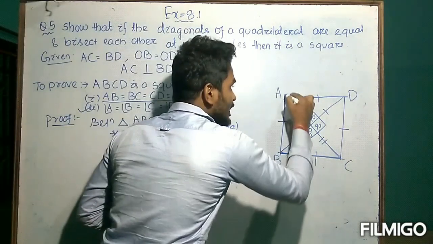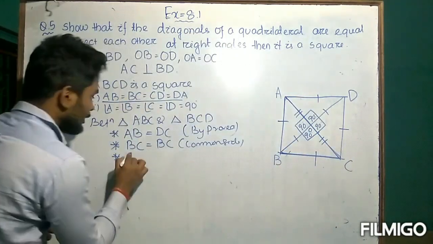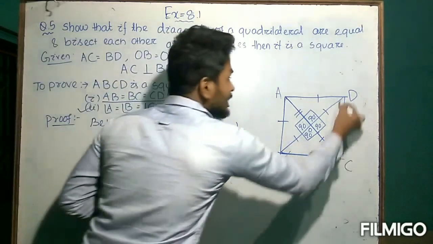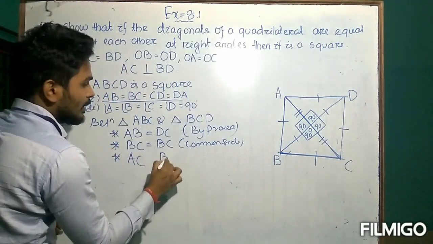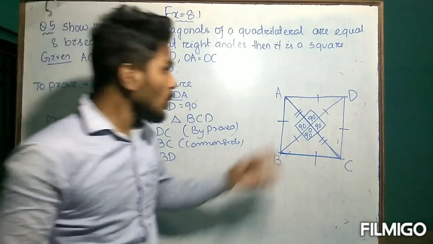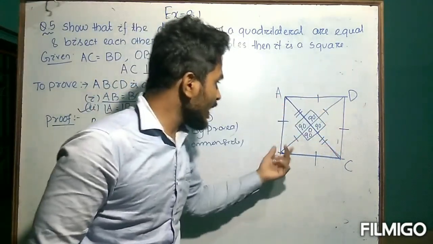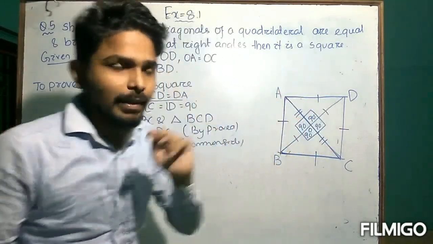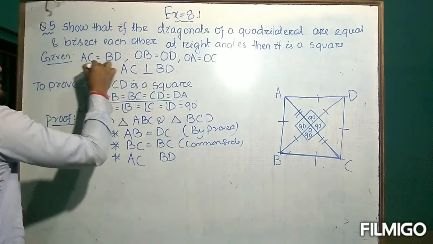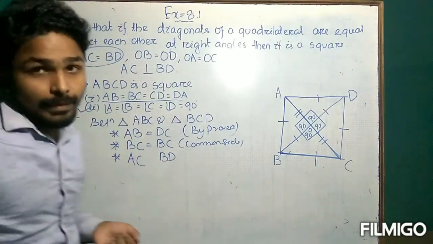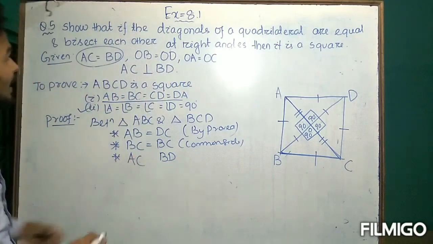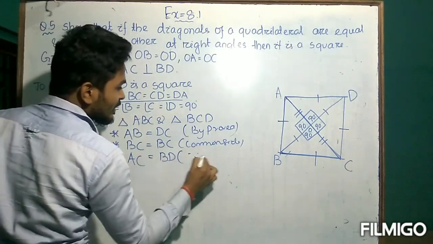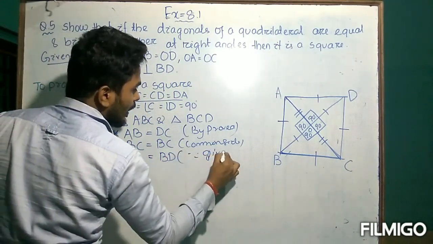Now the third possible condition. For the triangle ABC, AC is a side, and for the triangle BCD, BD is a side. And we know in this quadrilateral, AC and BD are two diagonals, and it is already given that the two diagonals are of equal length. So we can easily write AC is equal to BD since it is given.